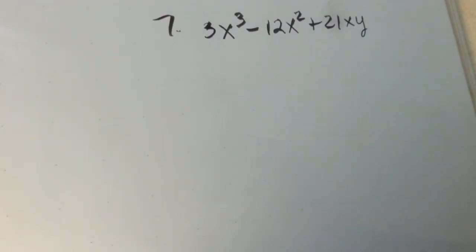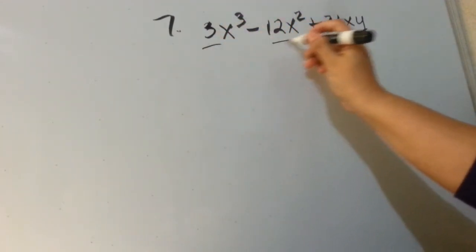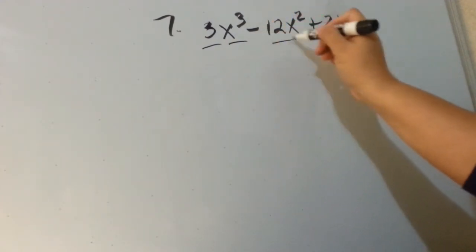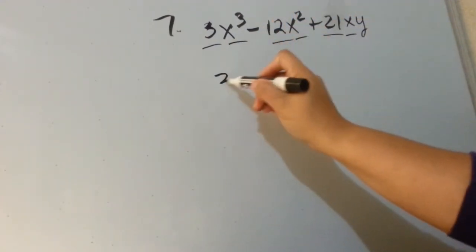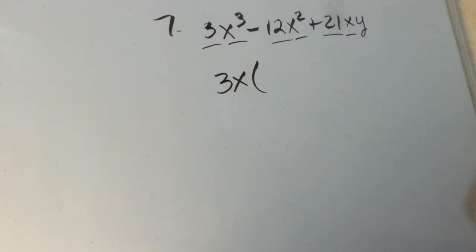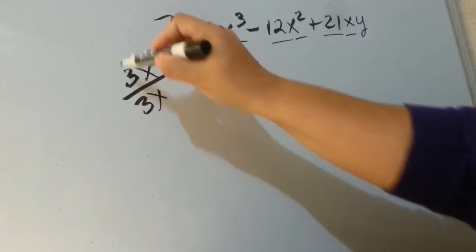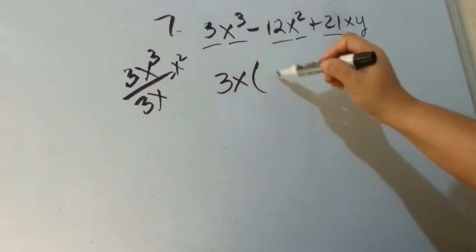So all you can do here is pull out a greatest common factor, and we have a 3 in common, and we have x's in common. Okay? So 3x is what we can pull. And you know, you can do it on the side. 3x cubed divided by 3x is x squared.